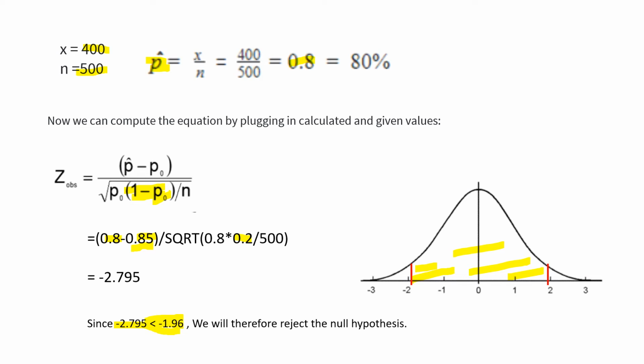But if it lies in the other part, less than minus 1.96 or more than plus 1.96, then it is in the rejection zone, and we reject the null hypothesis. The value we got over here, minus 2.795, is of course in the rejection zone, so we reject the null hypothesis.